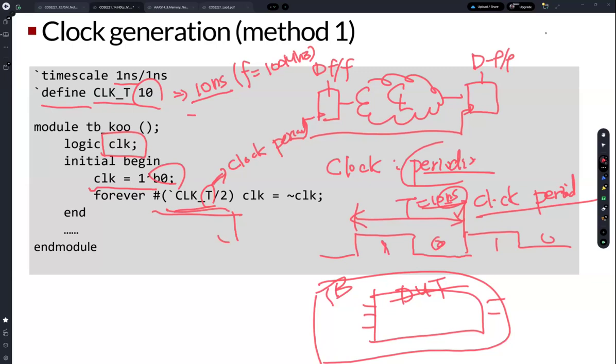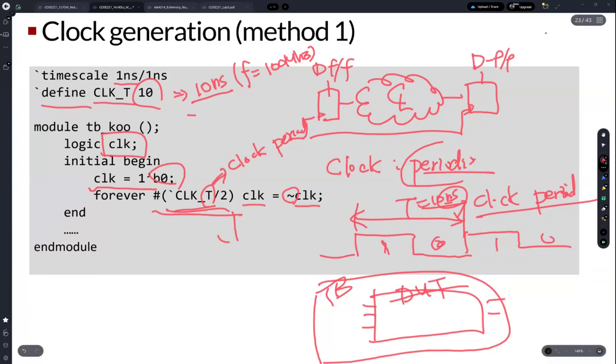Actually it is changed at the half of clock period. So it changes from 0 to 1 or 1 to 0, right? So you can find that clock is the inverse of clock signal, which means that the signal value is inverted.